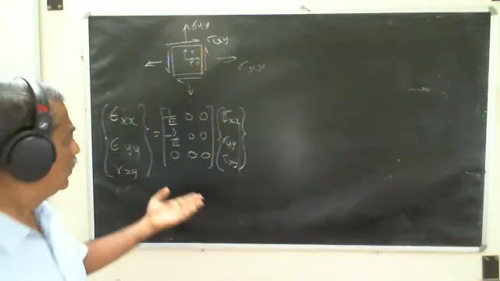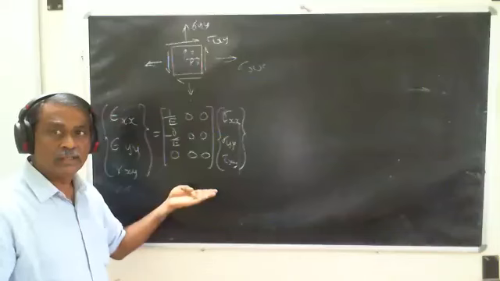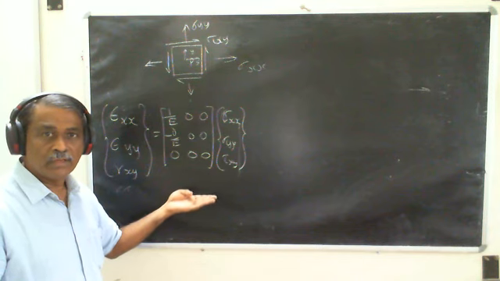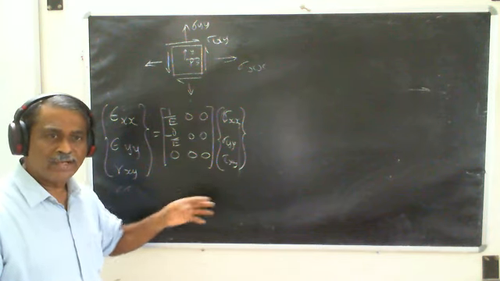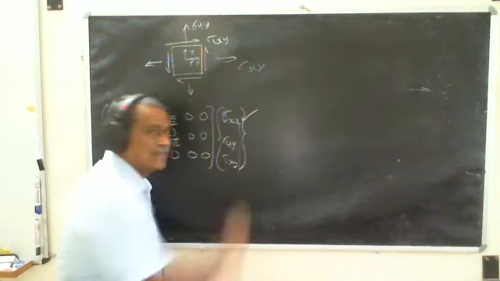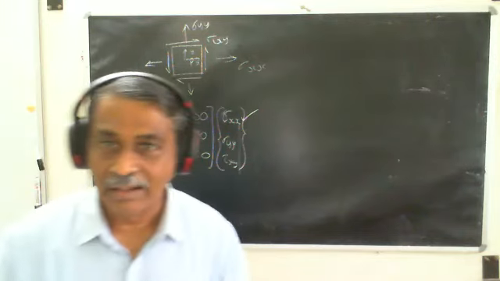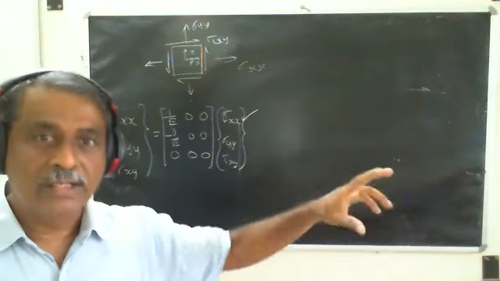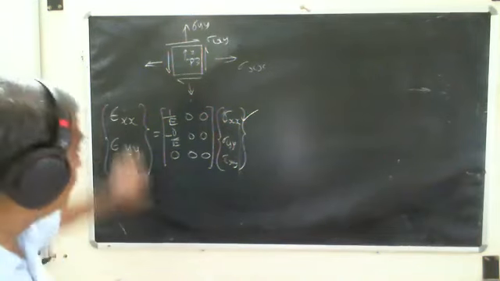What did we apply here for this equation? We applied only sigma xx, is it not? We applied only sigma xx and looked at what is the elongation in x direction, contraction in the other direction, and wrote this.